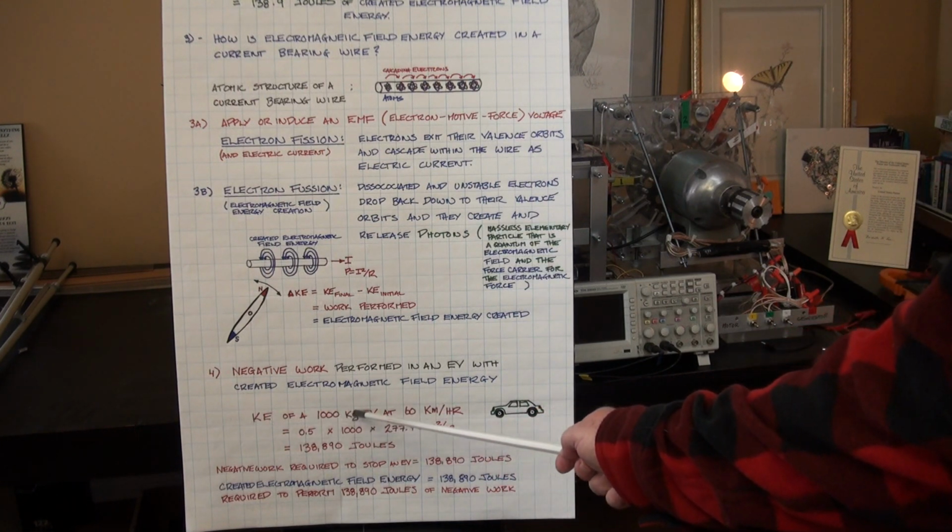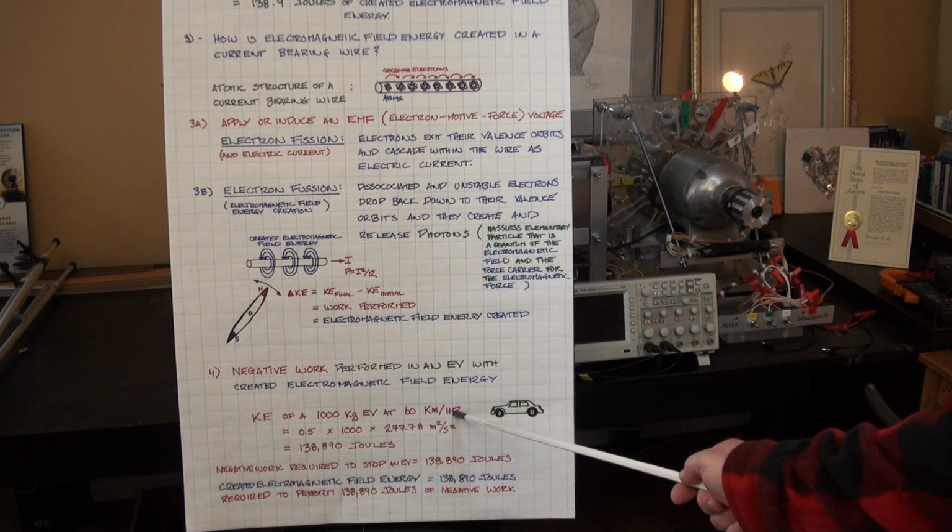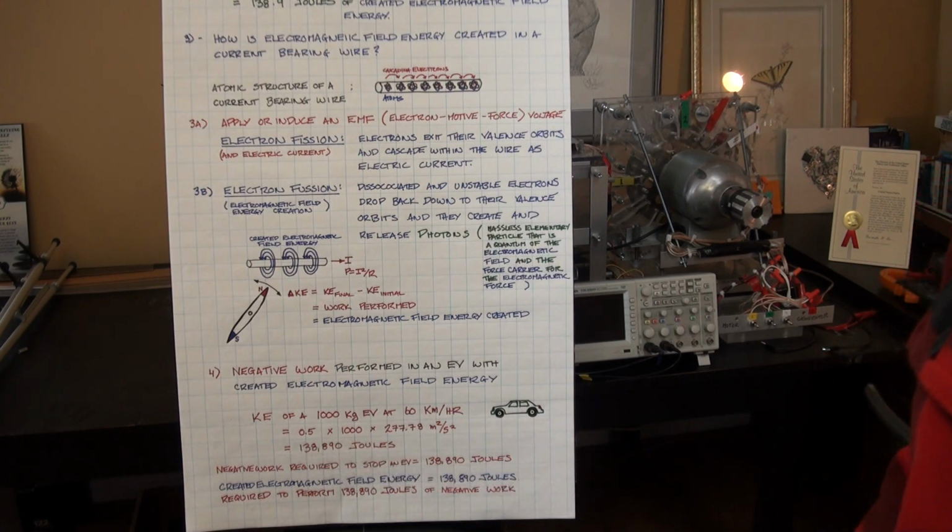So the kinetic energy of a 1,000 pound EV at 60 kilometers an hour is 138,890 joules.